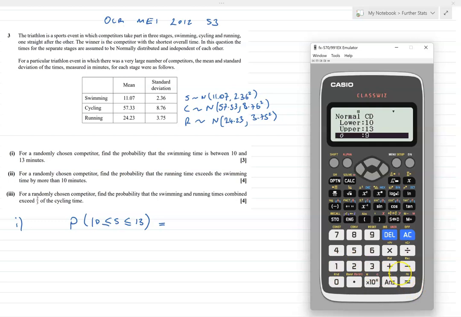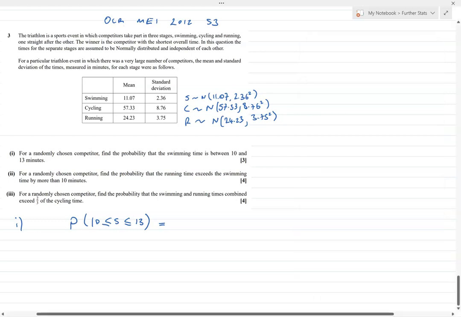The standard deviation is 2.36 and the mean is 11.07, and we simply just put that, and that's 0.4681. Okay, so that's the first bit done.